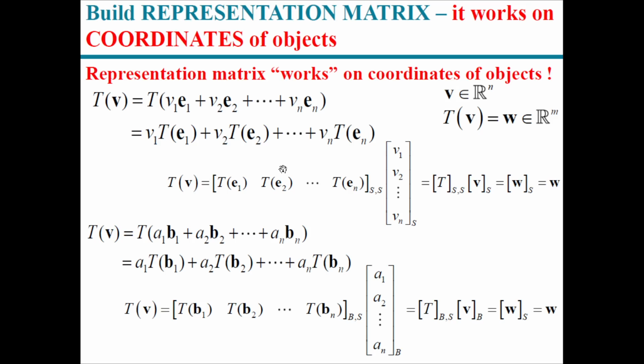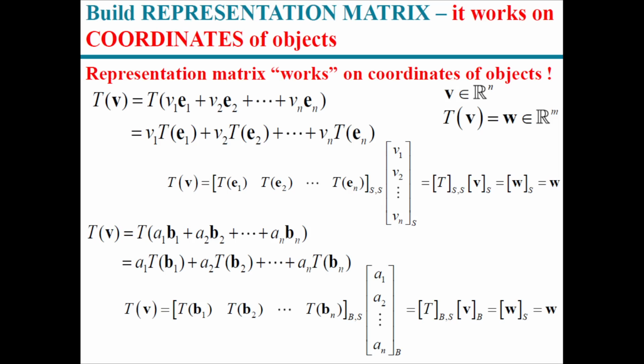So basically, the standard matrix, we already learned that, is simply built by the column vectors, which are the image of each standard vector, so from the standard basis, under the action of linear transformation T. So this is something that is straightforward. We did that already. So this is our standard matrix, and you see we multiply it by the standard coordinates, which is the same as multiplying by the vector itself, and that's how we get the image.